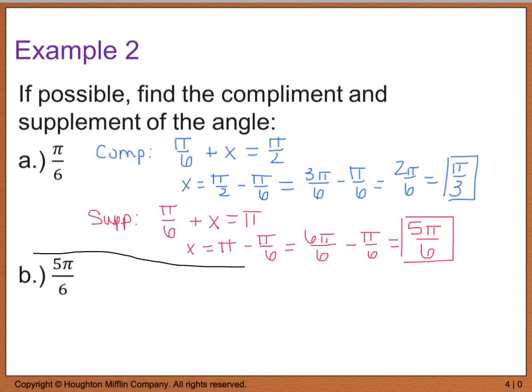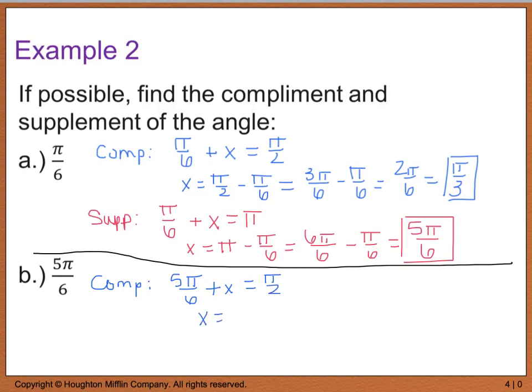Now we're going to do the same thing in part B. I want to find the complement. So for the complement, I have 5 pi divided by 6 plus some angle x is going to give me pi divided by 2.